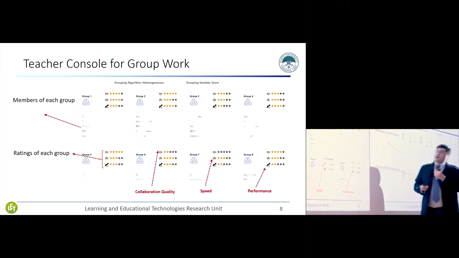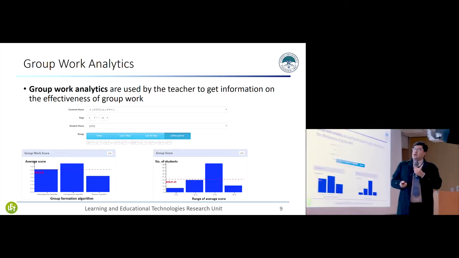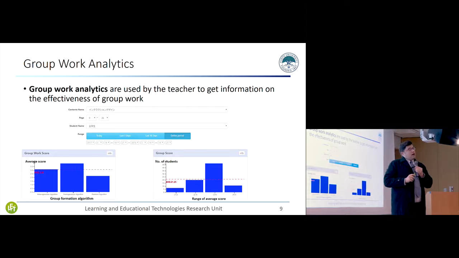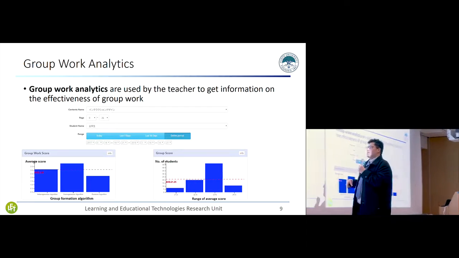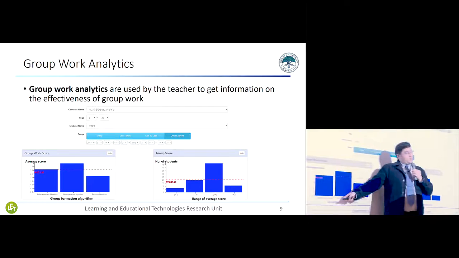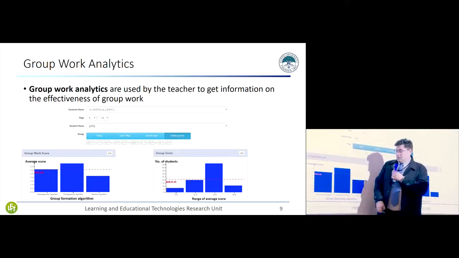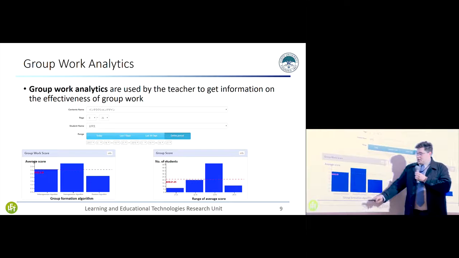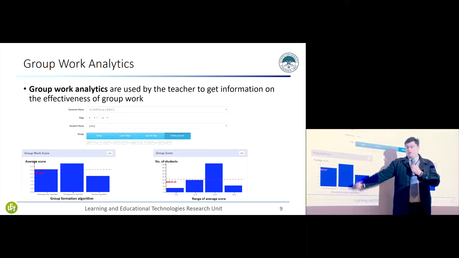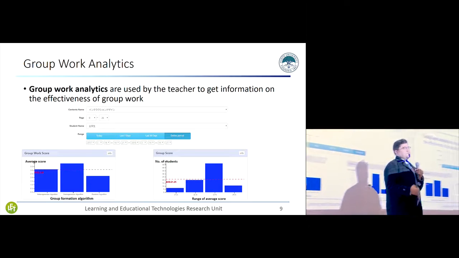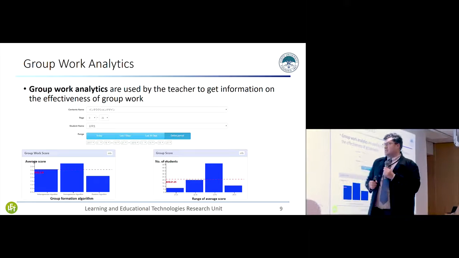Okay, so this is the work on the group formation tool, and after all this, as part of our dashboard, we have different kinds of analysis. So the teacher can see, oh, which algorithm was the most successful? Was it heterogeneous? No, actually, the use of the homogeneous algorithm in this case was the most successful. The students gained the best results.